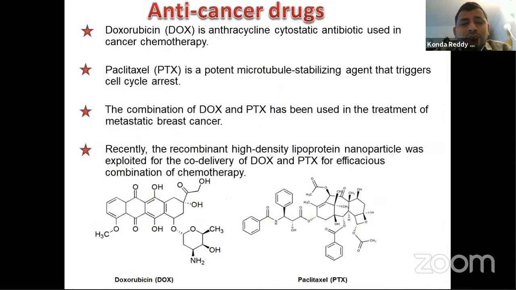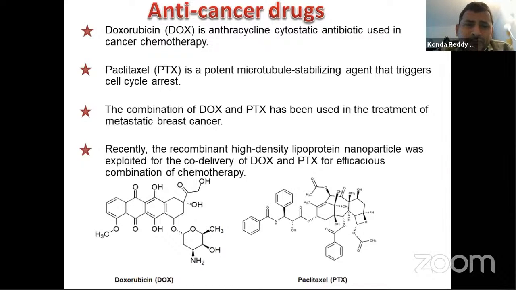What we have shown here is the co-delivery of DOX, which is doxorubicin, and paclitaxel, PTX. These are widely used drugs for cancer. We have shown how we can load the drugs, co-loading.